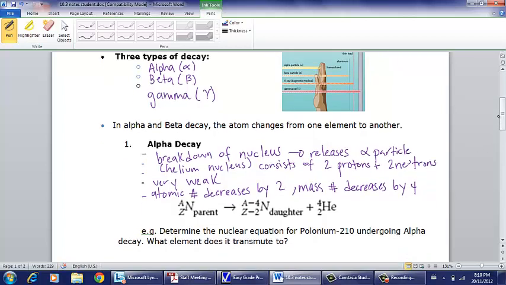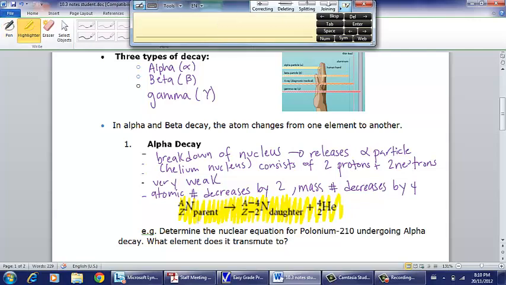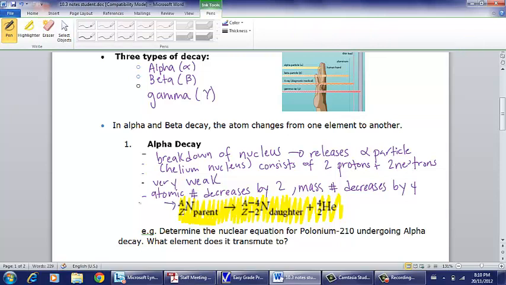Shown here in this general equation, which may be faded on your sheet because it photocopied weird, you might have to fill this in. We have the parent nucleus here, with the mass number goes here and the atomic number here when we're writing the symbols.